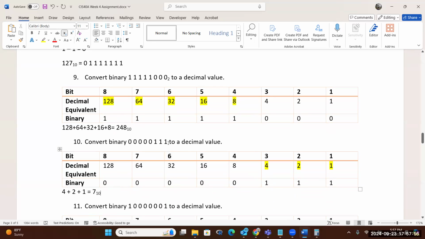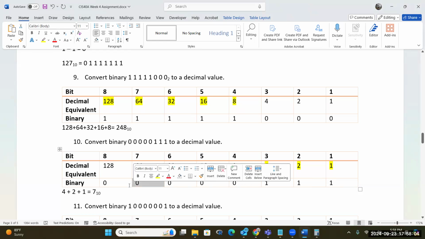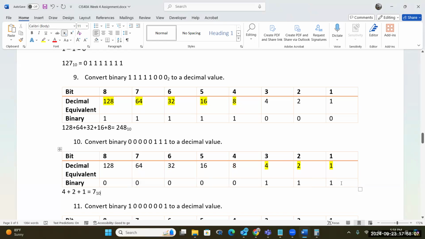I always start with the right, so if it's a shorter value, I don't mess up. So 1, 1, 1, and the rest are 0 in the front here. The only 3 bits that are on are bit 1, bit 2, and bit 3. That gives you a 7. Why is it a 7? Well, the decimal equivalent for the bits that are on is 1 plus 2 plus 4. So I have a 7.